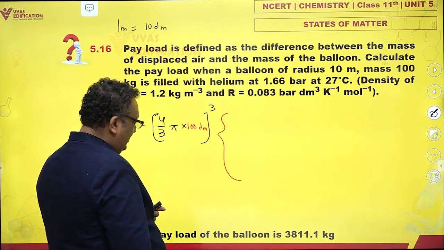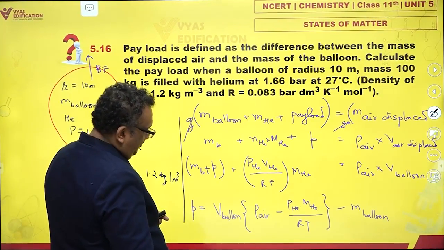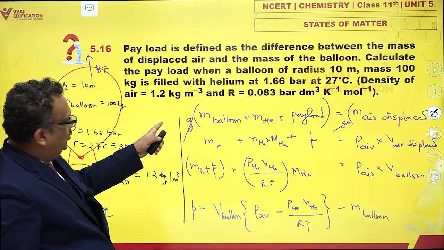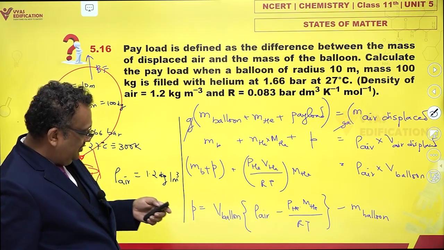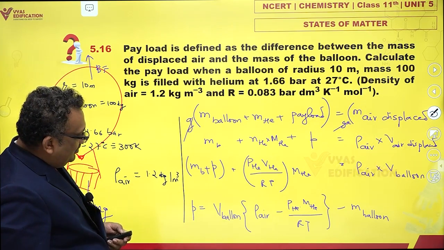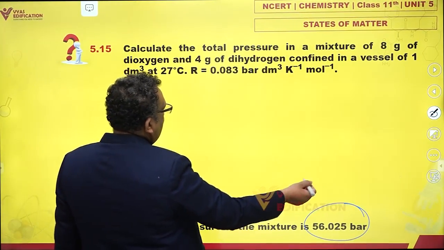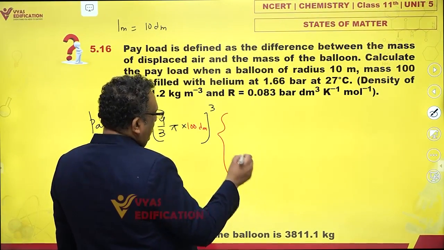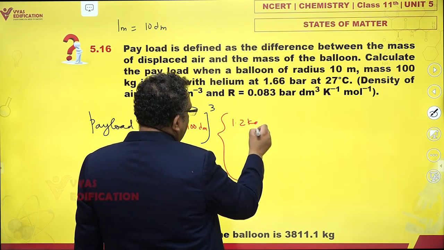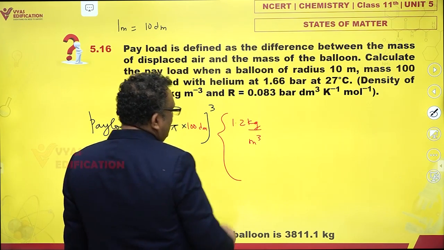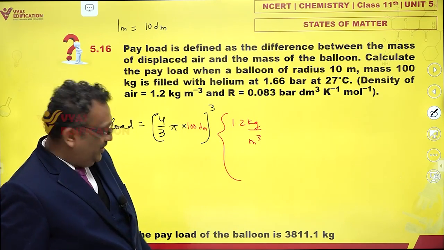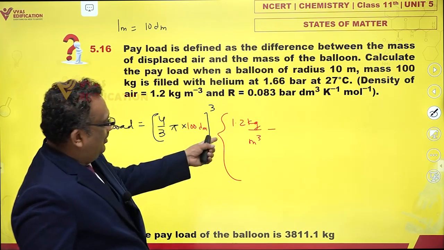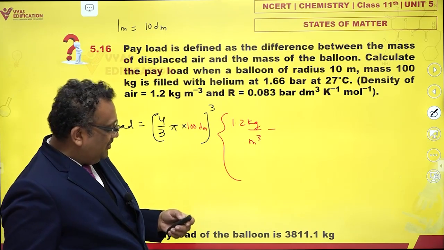What do I have? I have density of air, which is 1.2 kg per meter cube, minus this thing. So I have 1.2 kg per meter cube. No, this is dangerous because units are in meter cube here. Never mind. Minus the helium stuff. What is that?